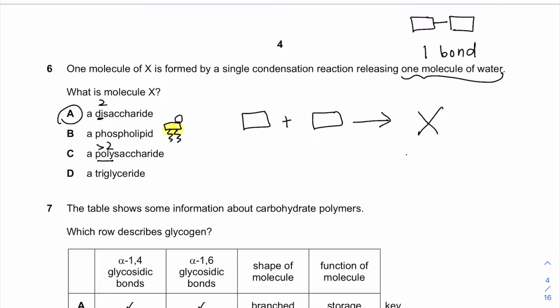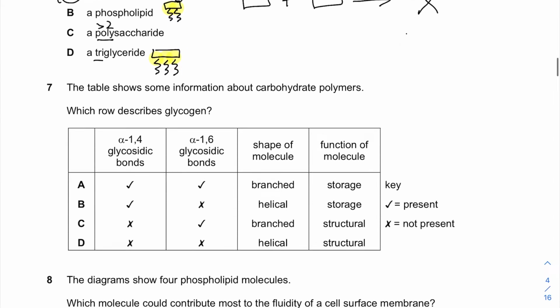Poly is more than two, therefore you would have more than two condensation reaction. You would be releasing more than one molecule of water. Triglyceride is the same as well. It is made of a mole of glycerol with three fatty acid chain. Therefore, you would have three molecules of water released.